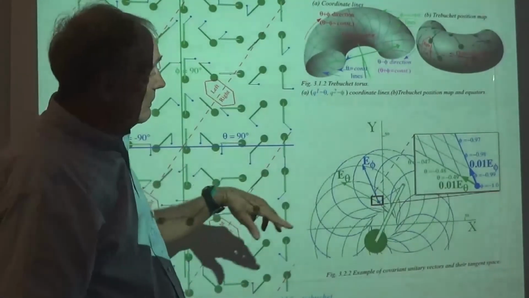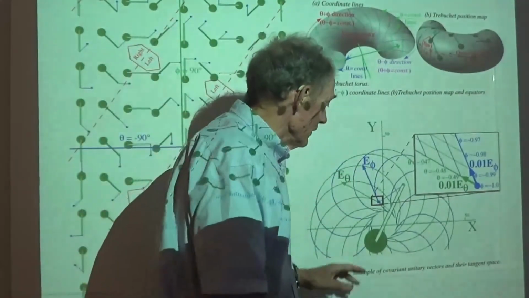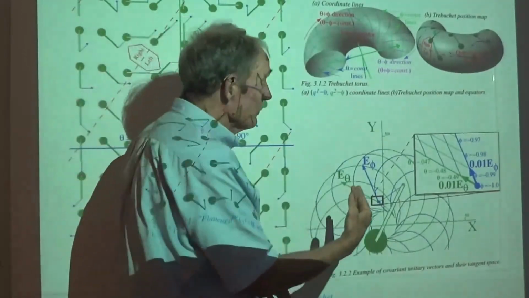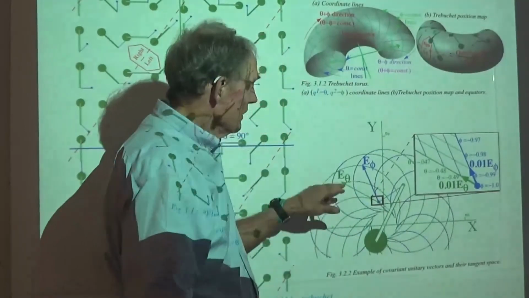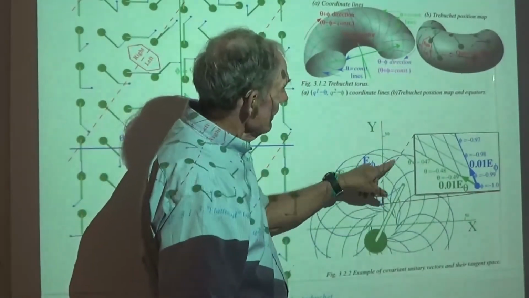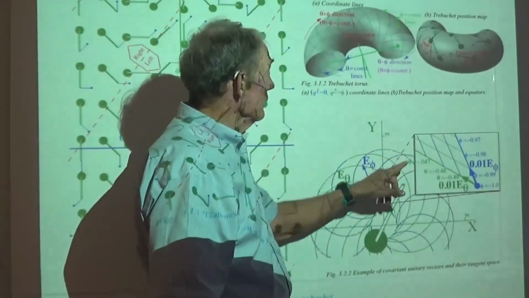In other words, as we build our covariant or contravariant. I'm not showing any of the contravariants in this particular thing, but the covariants are the ones that line up in the tangent. They're the tangent space. This one is tangent to that green curve right there. This one is tangent to the phi, this curve right here, the blue.